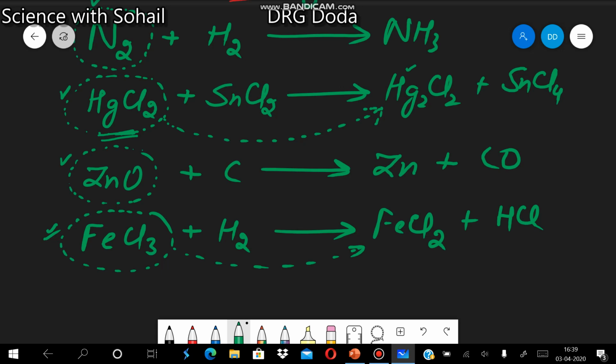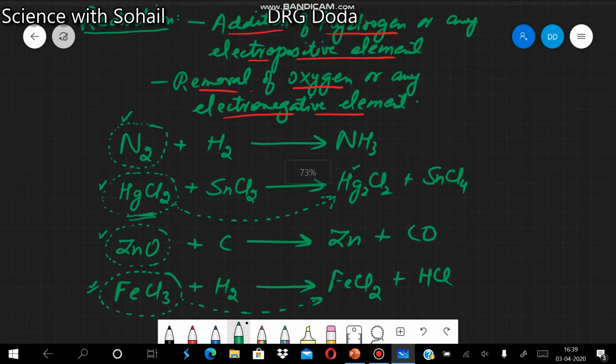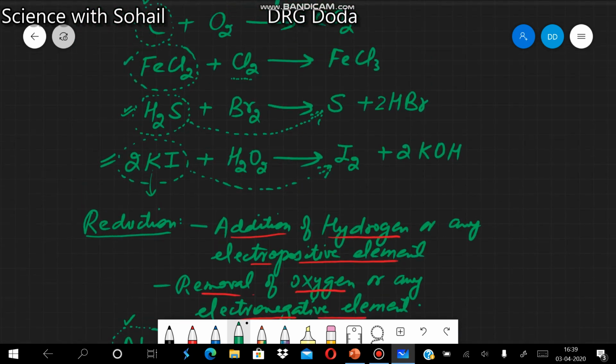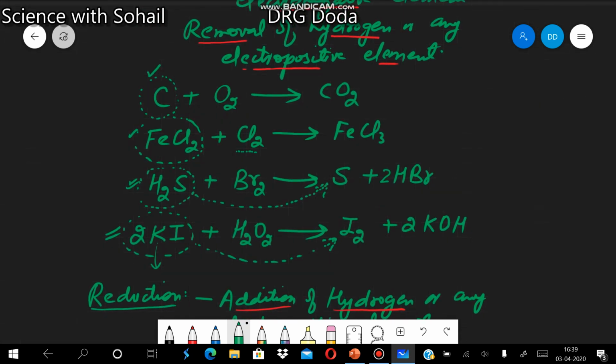Now coming back to the first case, that is oxidation. As we have discussed these examples, in case of oxidation we said carbon undergoes oxidation, ferrous chloride, hydrogen sulfide, potassium iodide, these are the species which are undergoing oxidation in these examples.